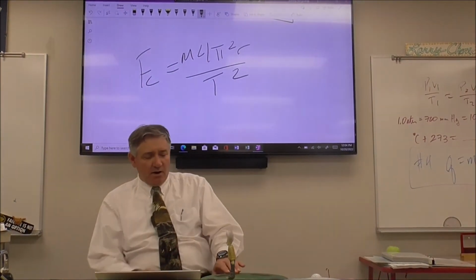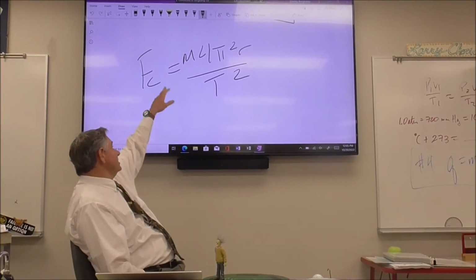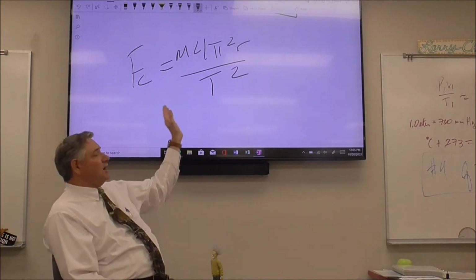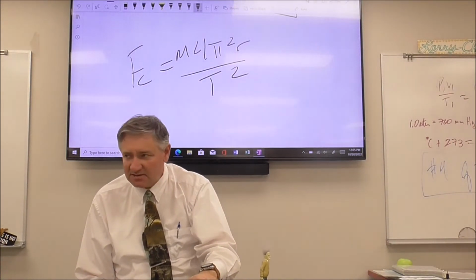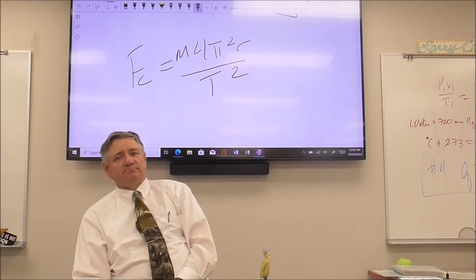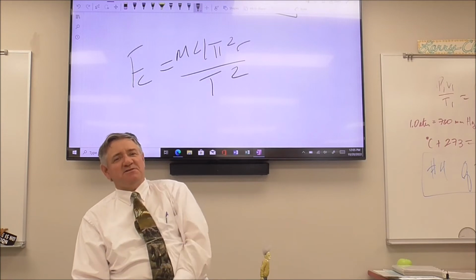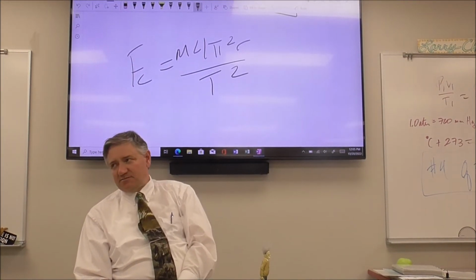So as Al walks towards the outside, what happens to his mass? Stays the same. What happens to the amount of time it takes for Al to make one revolution? Stays the same. What happens to the radius? It increases, right?